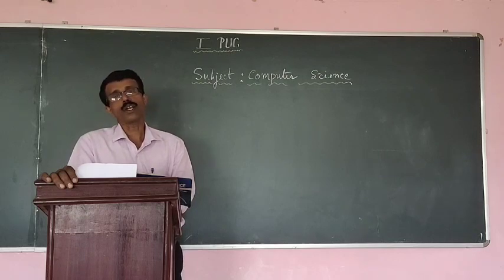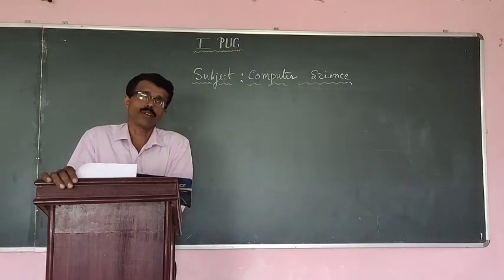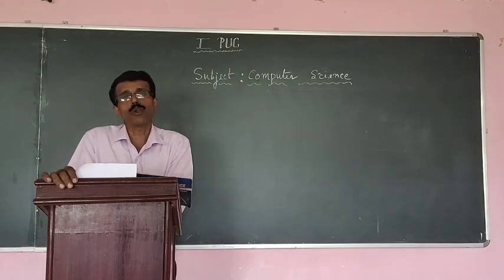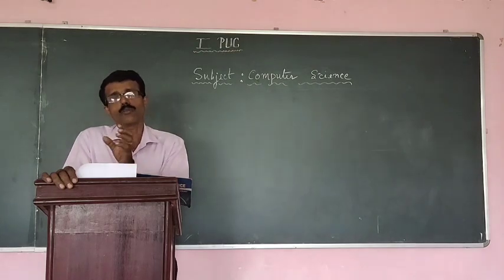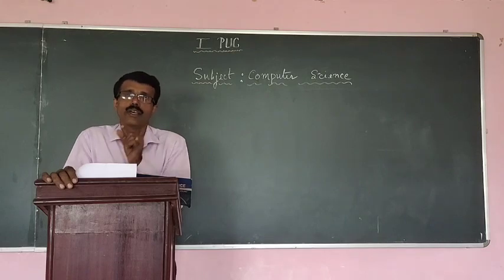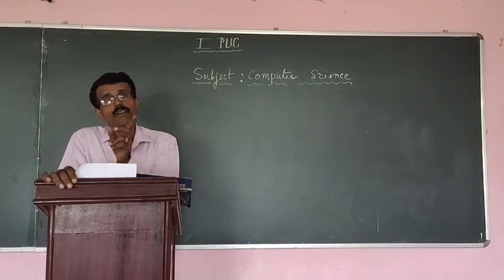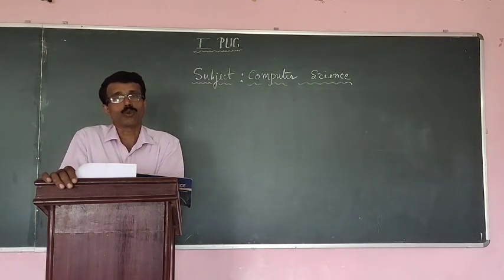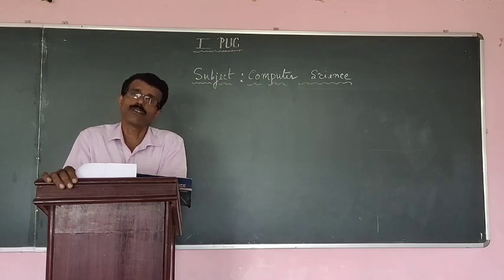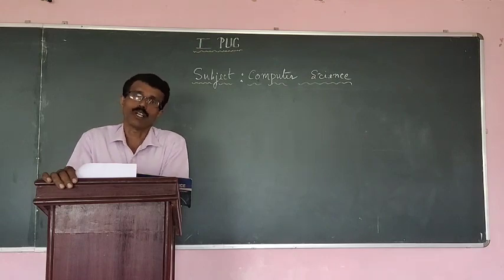Especially in order to feed data, somewhere we need to use operators. For example, mathematically, C is equal to A plus B is one of the expressions. The equal to mark is one of the operators. In between A and C, what operator is being used? The plus mark is another type of operator. Plus is a mathematical operator, and equal to is an assignment operator.